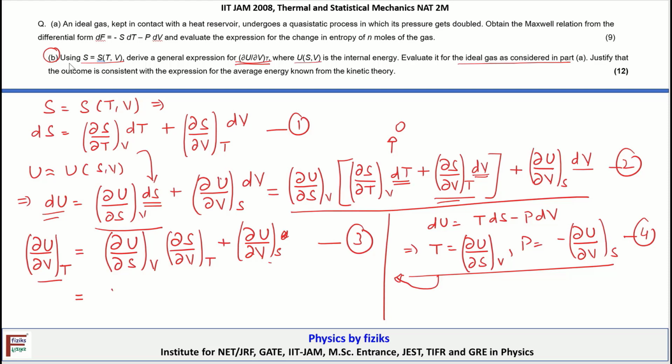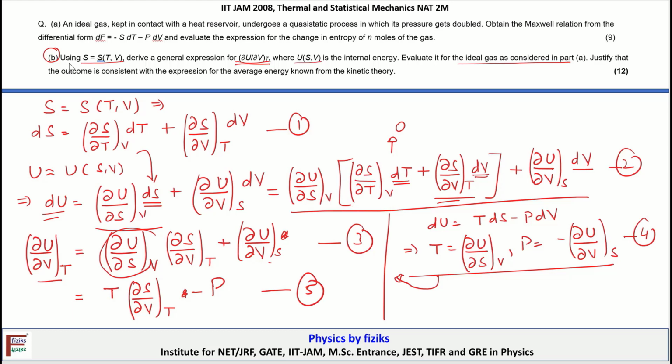We are going to replace this with P. Let's call these results equation 4. So equations 3 and 4 imply: we replace (∂U/∂S) at constant V with T, so T (∂S/∂V) at constant temperature, plus (∂U/∂V), which is equal to minus P. Here instead of plus I am writing minus P. Let's call this equation 5.